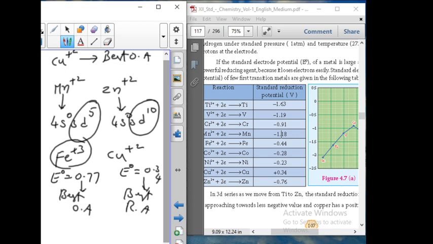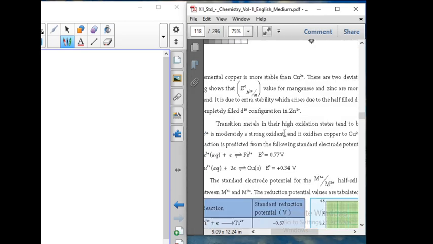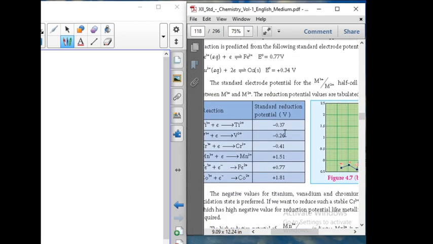Okay, now for example, here they are giving another table. This is table number 1, and another table is also given for us, that is standard electrode potentials for M plus 3 to M plus 2. The oxidation state decreases, so this is reduction.